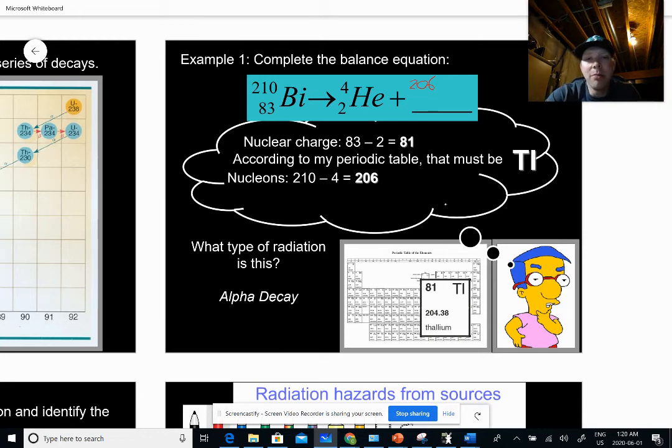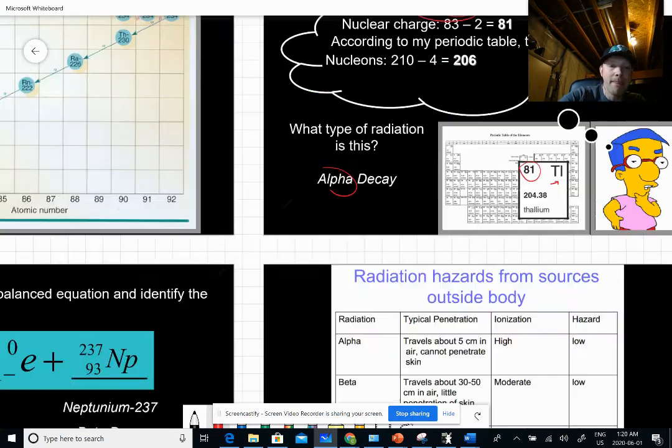So we have to do the bottom number here. 83 take away 2 is 81. Okay, now we can go to our periodic table and find 81, which is thallium, right? So this is thallium in here. All right, so to complete the balanced equation, we're just doing a conservation of nucleons on the top and a conservation of charge on the bottom. Okay, and it says what type of radiation is this? Well, if it's helium in there, that's alpha decay.